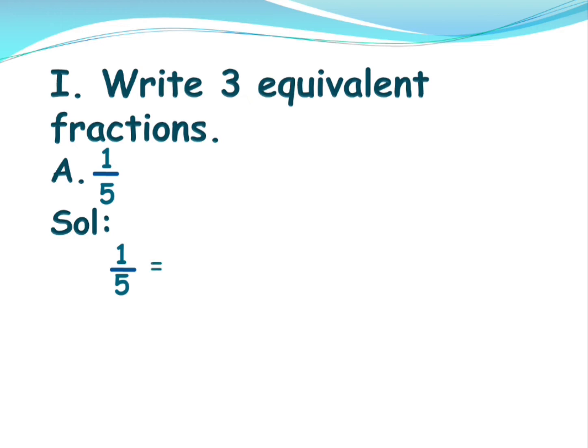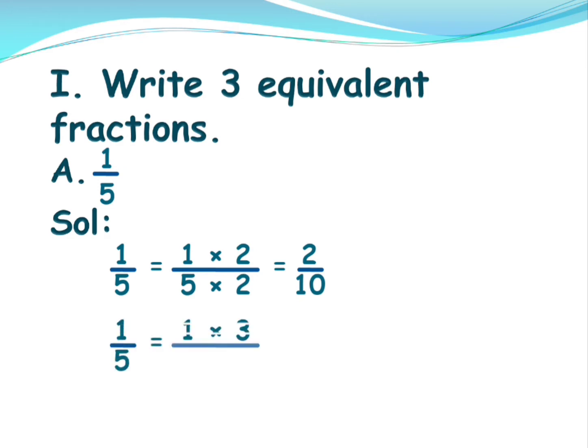So 1 into 2 by 5 into 2. 1 twos are 2 in the numerator, and 5 twos are 10, so you will get 2 by 10. That is one, now we have finished the first one. Next, 1 by 5, so 1 into 3 by 5 into 3. 1 threes are 3 and 5 threes are 15, so 3 by 15. The second I finished.